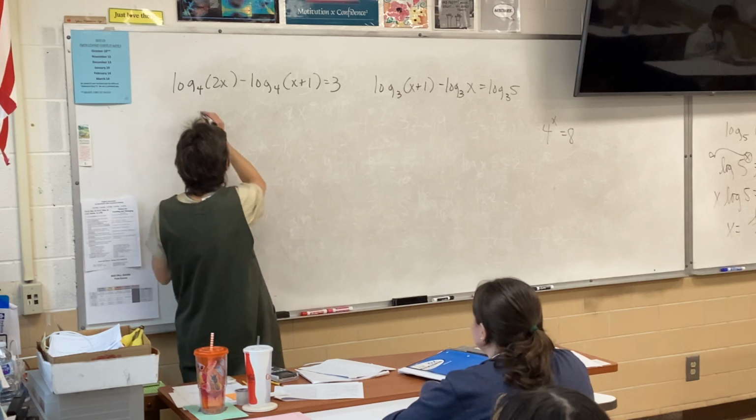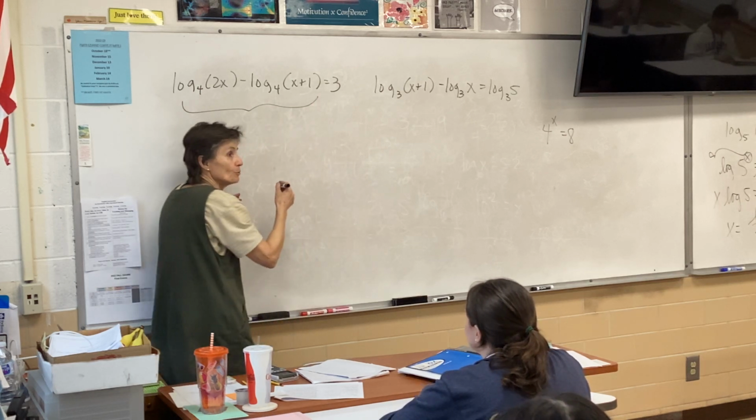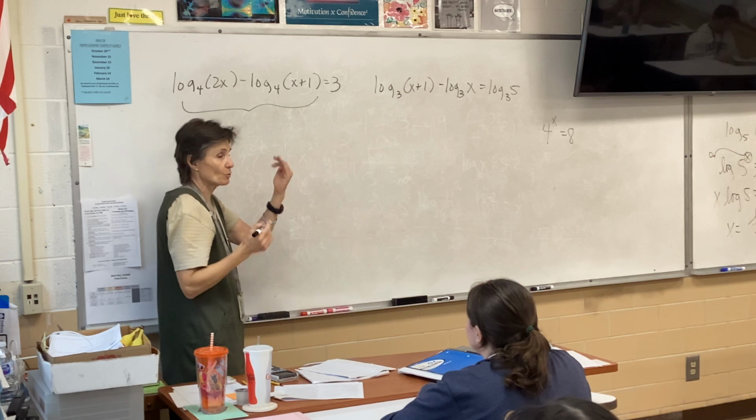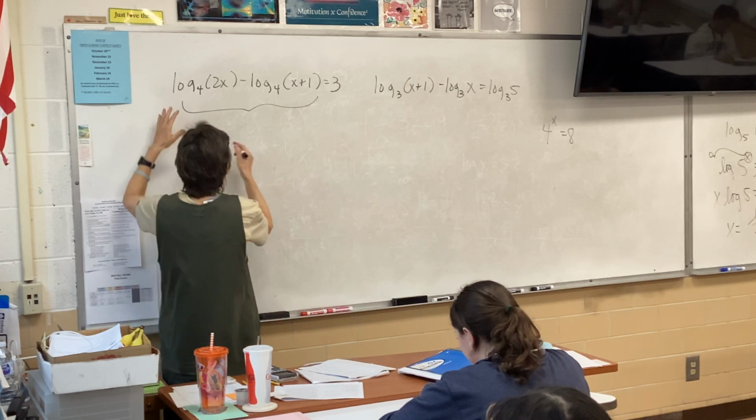Now, how do I combine these? You have to do it. There's no other way. You don't have a choice. You have to combine them. How can we do that?